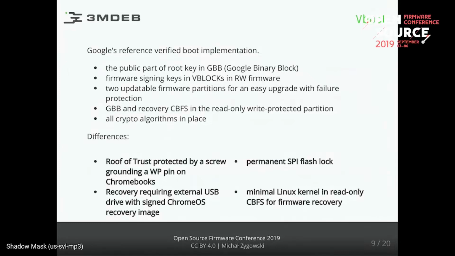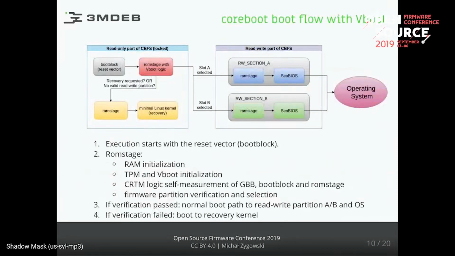In my implementation, I have put a minimal Linux kernel into read-only to have a friendly shell environment with a few necessary binaries like flashrom and some network drivers, storage drivers, just to get the trusted firmware from some external sources and flash it back in case the read-write partitions are untrusted. And that's how the boot process looks.